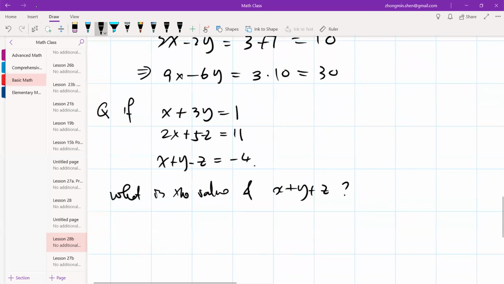Now you have 3 equations and 3 unknowns. You are probably able to solve for x, y, and z step by step, then add them together to get x plus y plus z. But is there any other way, bypassing finding the value of each individual variable, to still get x plus y plus z?